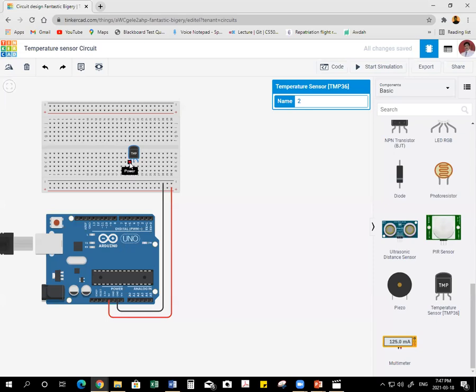So just give the power, 5 volts, which is already connected here, and ground here. Power is red and ground is black. Now this one is very important, that is called out. I will give it as an input to the Arduino.